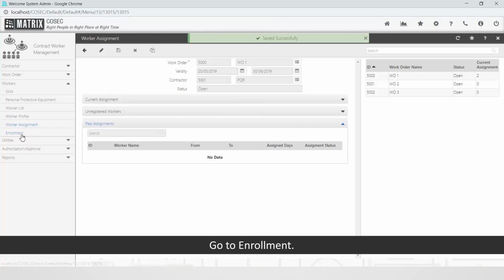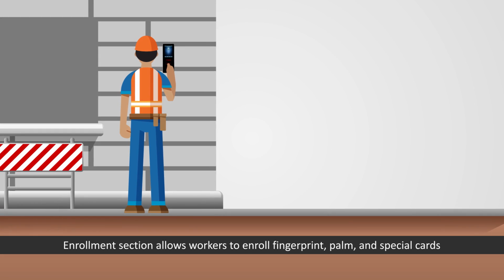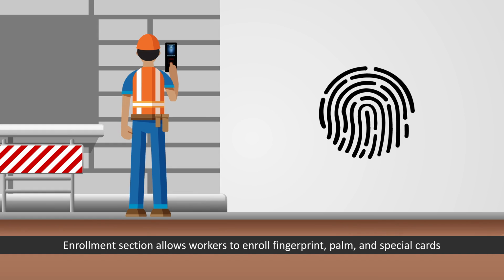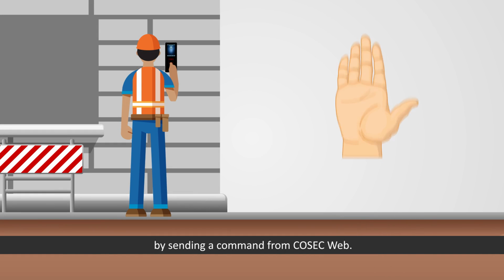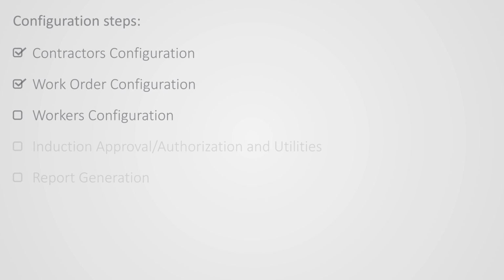Go to Enrollment. Enrollment section allows workers to enroll fingerprint, palm, and spatial cards by sending a command from Cossack Web. This completes the third step to configure workers.